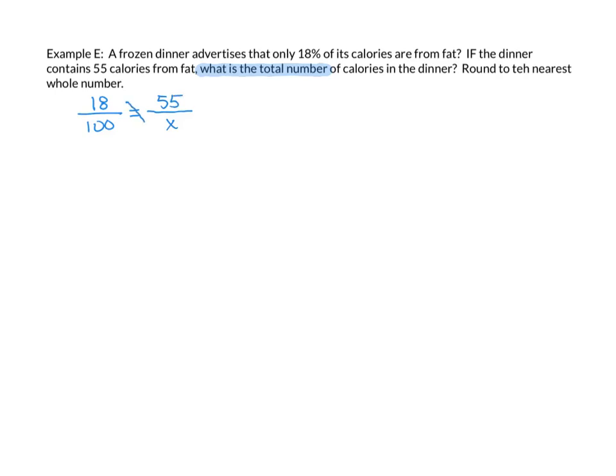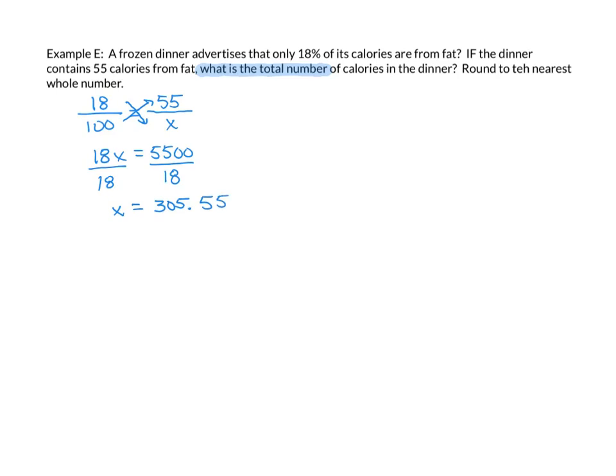If we cross multiply, we get 18X equals 5,500. Divide both sides by 18, and we get X equals 305.55, and it keeps going.